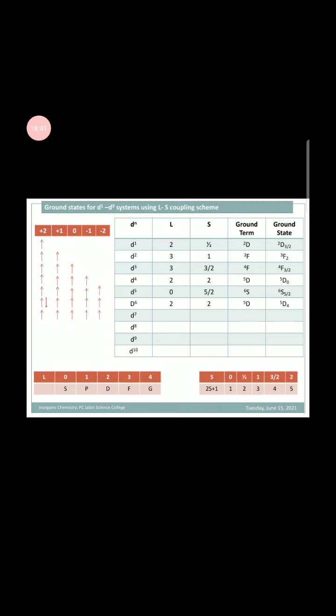For d7, L is 3, S is 3/2, the ground term is 4F, and the ground state is 4F 9/2.